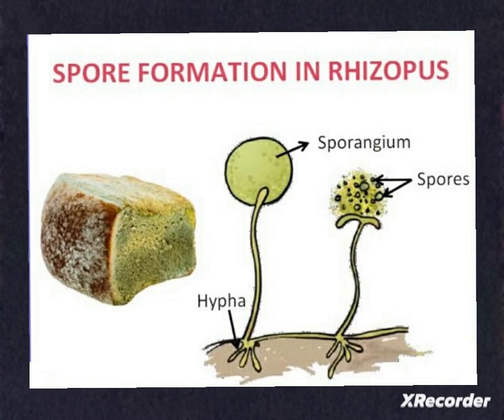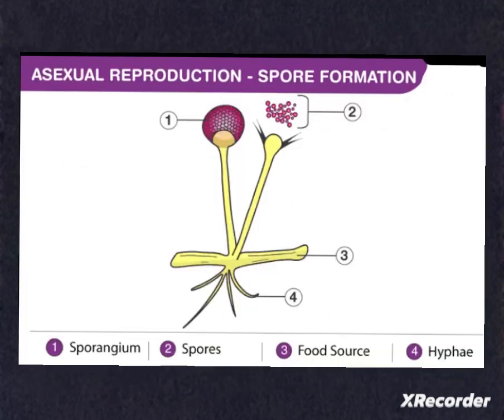The blobs are sporangia which contain cells or spores that can eventually develop into new rhizopus individuals. These spores are covered by a thick wall that protects them until they come into contact with another moist surface and begin to grow. All these modes of reproduction create new generations from a single individual. This is known as asexual reproduction.